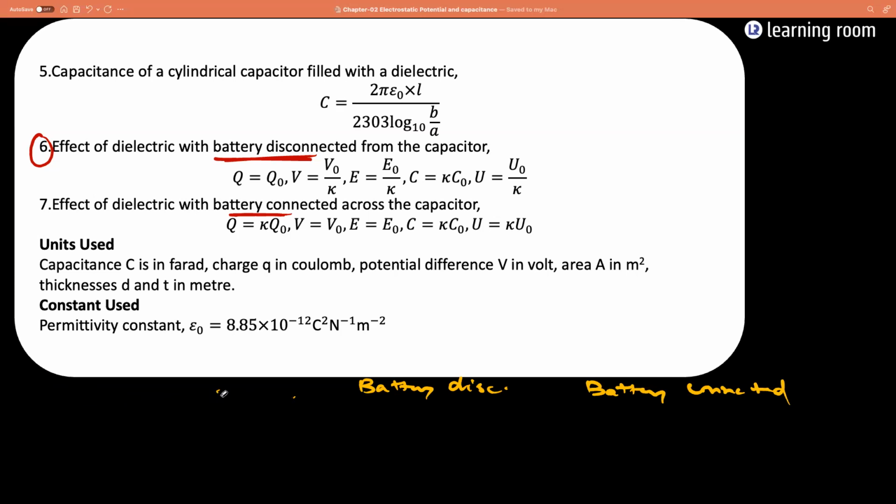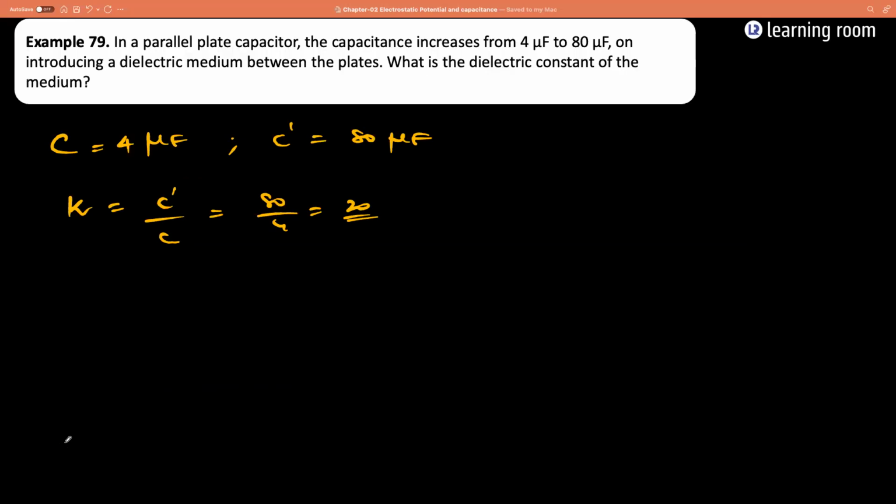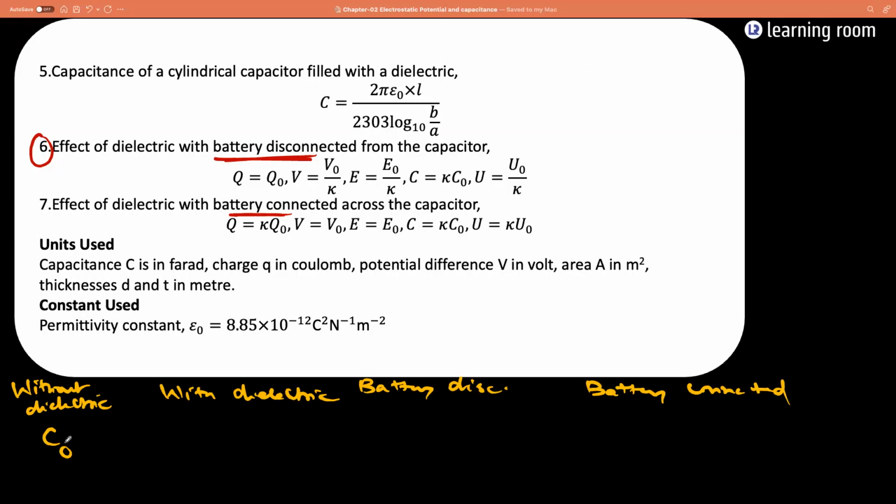Is everyone paying attention? Yes, sir. So this is without dielectric, and this is with dielectric. The concept of battery disconnected or battery connected applies only in the presence of dielectric, not without dielectric. Without dielectric, I call the capacitance C naught.